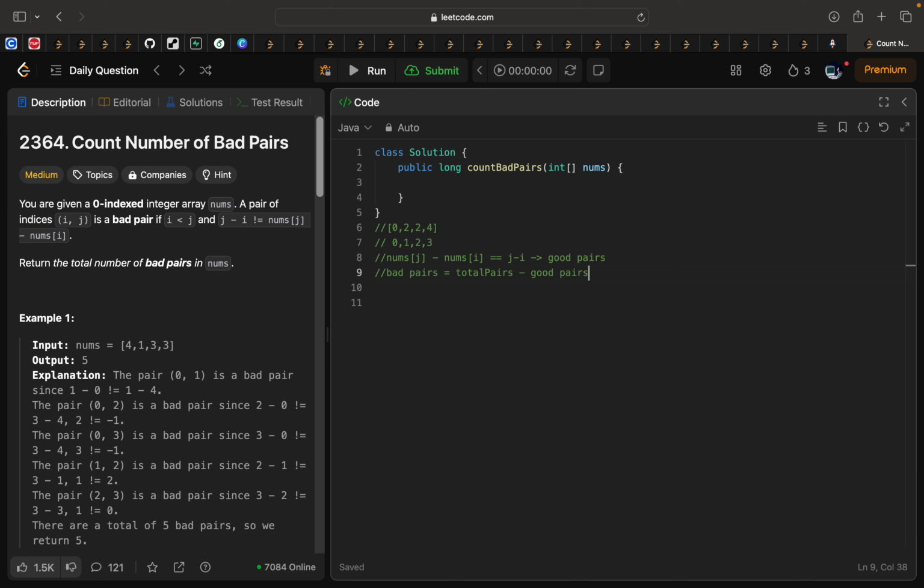Okay, so we have this equation, which says nums of j minus nums of i should be equal to j minus i.